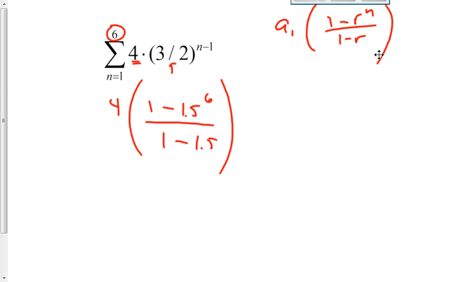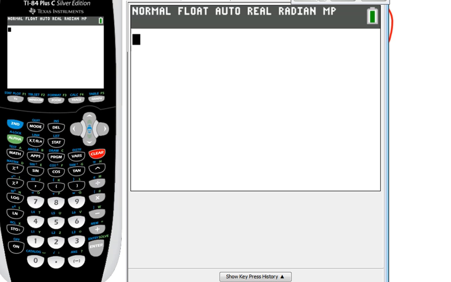Now, a lot of people have a hard time with their calculators on this, so my suggestion to you would be to plug this in your calculator going from the inside out. We're going to do the top piece first, get an answer, divide by the denominator, 1 minus 1.5, get an answer, and then times by 4. Okay, so I have a calculator here. Let's go ahead and try this.